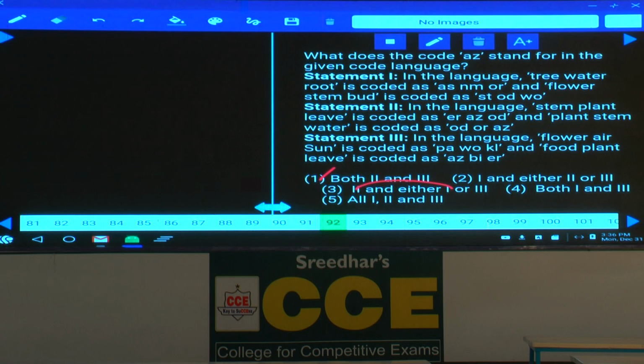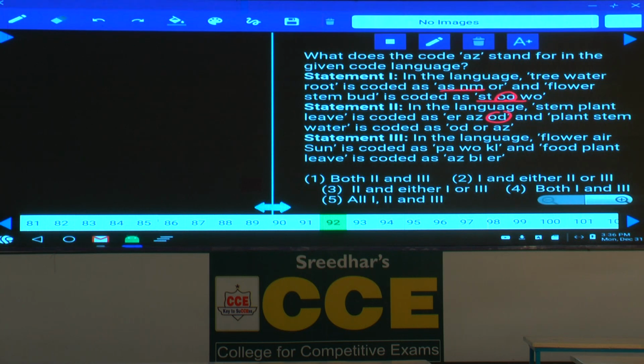Now, with the help of 1 and 2, ASNMOR, here also STODWO. There is no word which is common between these two. ASNMOR and STODWO is common in statement 1 and statement 2. Tell me what is the word which is common here. Then ERAZOD. By comparing these two, I can identify the code for this word OD.